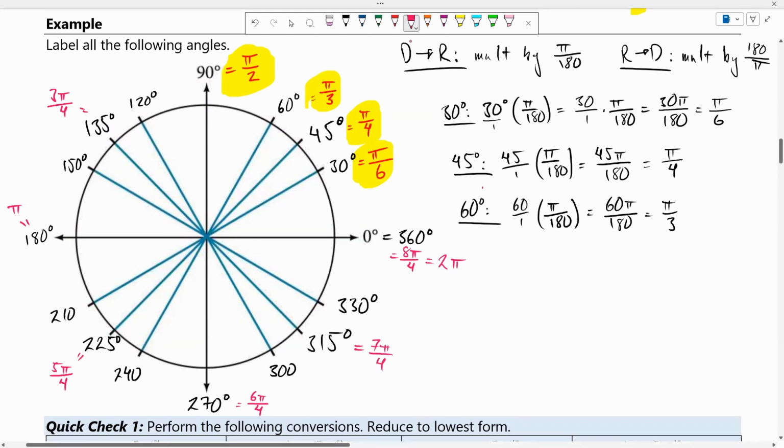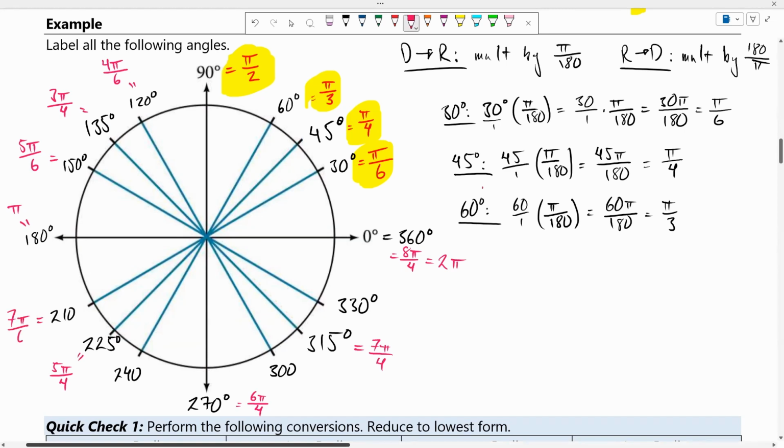Add another pi over 6, 4 pi over 6, 5 pi over 6, 6 pi over 6. Hopefully you see that the 6 pi over 6 reduces, so the 6s are gone and you get left with the pi.